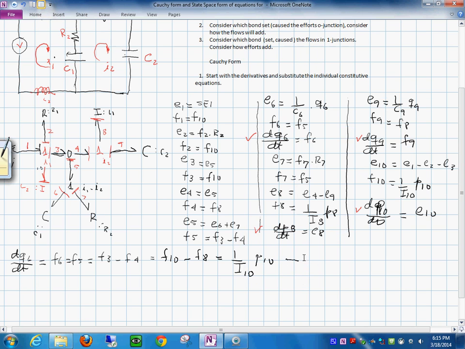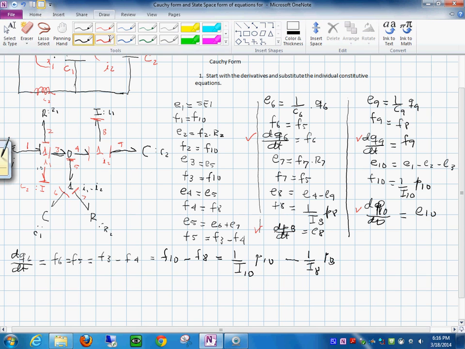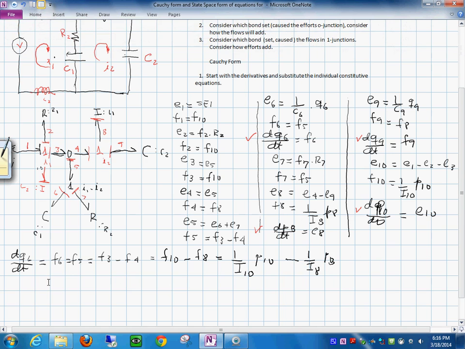Is 1 over I sub 8 P sub 8. This is the first equation. So I am going to write it down with red ink so that all of them would have good exposure. It's 1 over I10 P sub 10 minus 1 over I8 P sub 8.